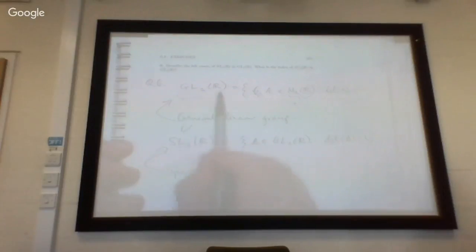Okay, certainly GL2R is an infinite group, an infinite number of such matrices. SL2R is pretty infinite too. So what do the left cosets look like?